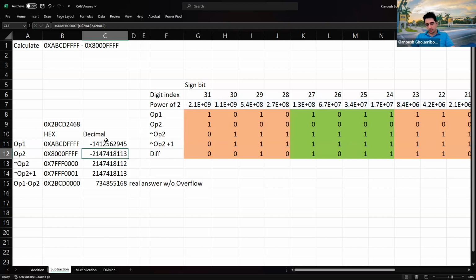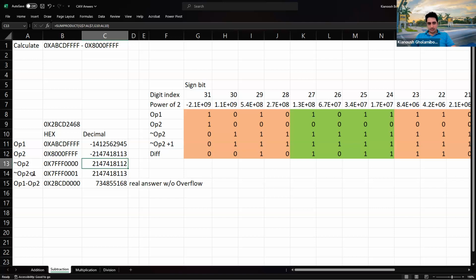Then operand 2's value would be, based on the same formula, this number. The first number is now negative 1.4 billion. The second number is negative 2.1 billion. And then the one's complement of op 2, if you apply the same formula, becomes positive 2.14 billion, almost the same as its negation.